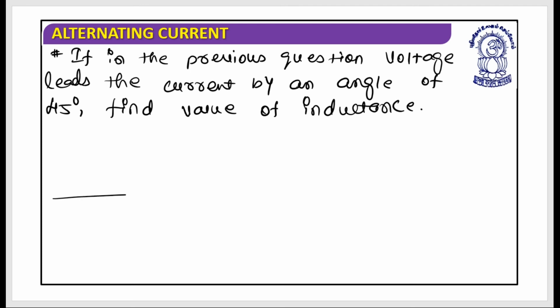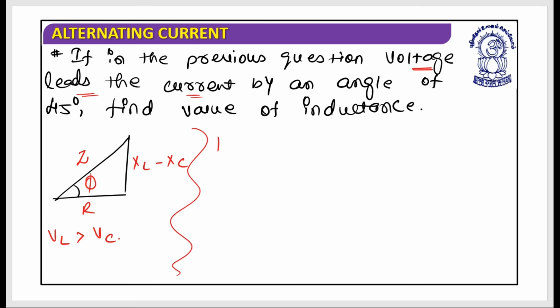So in this situation it is something like this: this is phi, and in this situation the voltage leads the current, that means VL is greater than VC. This is XL minus XC, this is R, this is Z. So from this, tan phi is equal to XL minus XC divided by R, where phi is equal to 45 degrees.